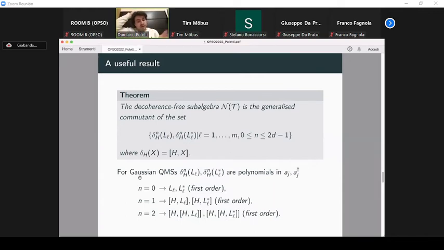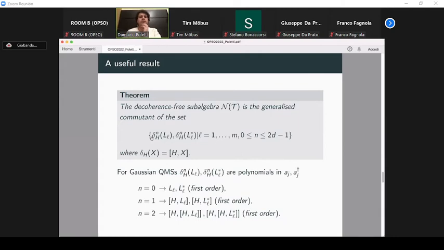By commuting a second-order polynomial and a first-order polynomial, one still gets a first-order polynomial. And so one can go on, because when looking at n equals 2, one again obtains a commutator of a second-order polynomial and a first-order polynomial, and again this is a first-order polynomial. So all the operators that appear in this set are first-order polynomials.